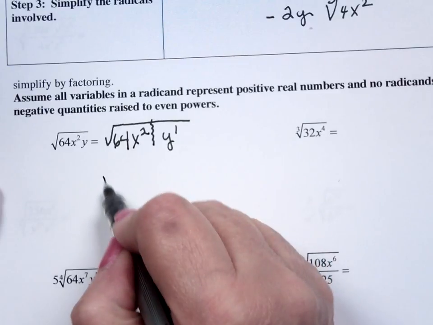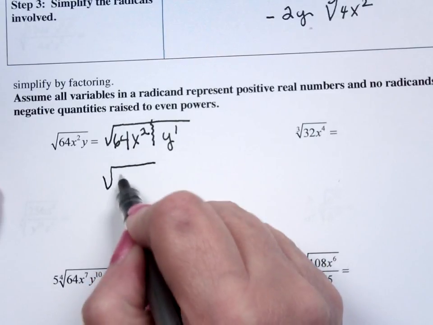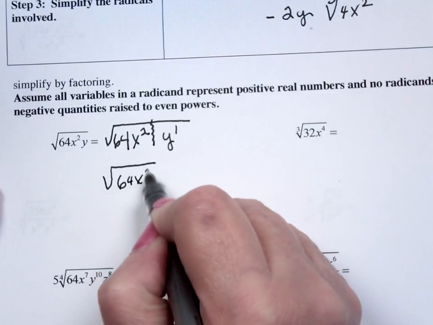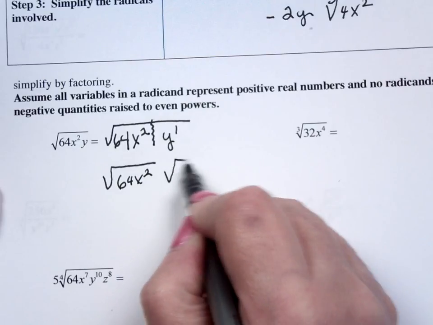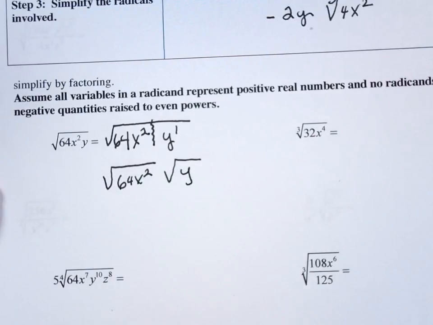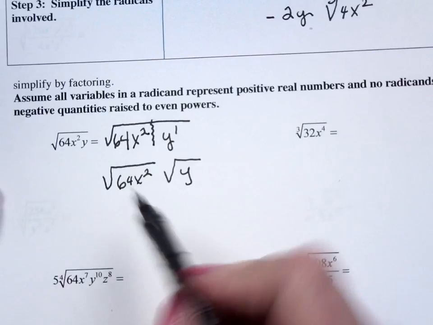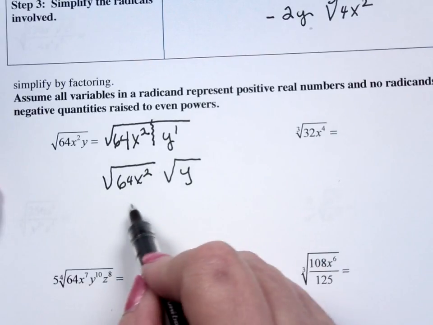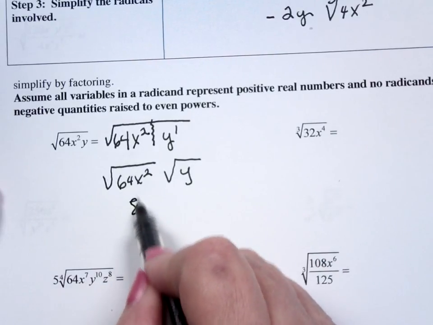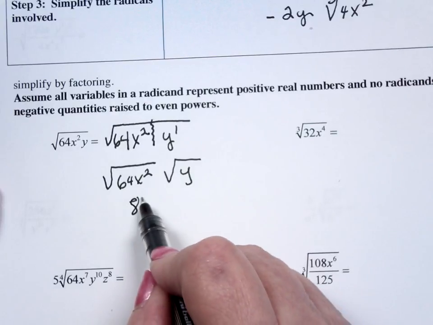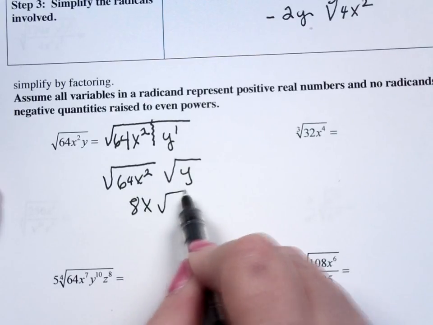Using the product rule for radicals, I'm going to belabor the point. I break it up into my 2 pieces. The square root of 64 is 8. The square root of x squared is x. Square root of y.